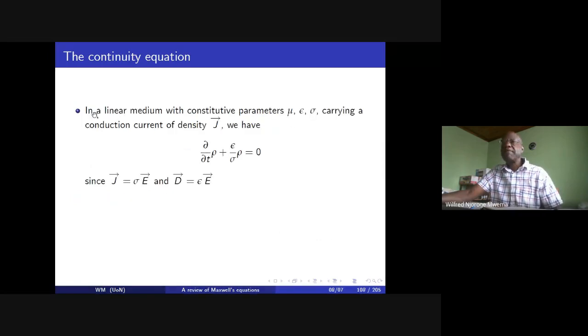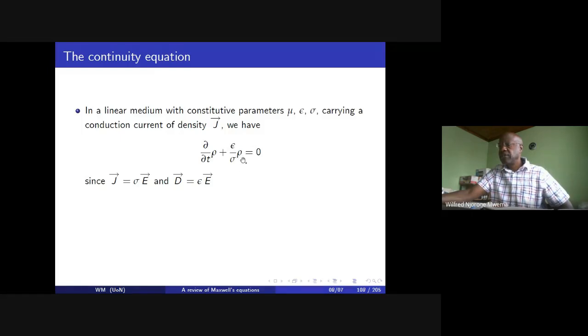Now, if the medium is linear and has constitutive parameters mu, epsilon, and sigma, and it's carrying a conduction current of density J, then we know that J is going to be equal to sigma multiplied by E, or sigma divided by epsilon multiplied by D. And therefore, the divergence of J will just be given by that value.